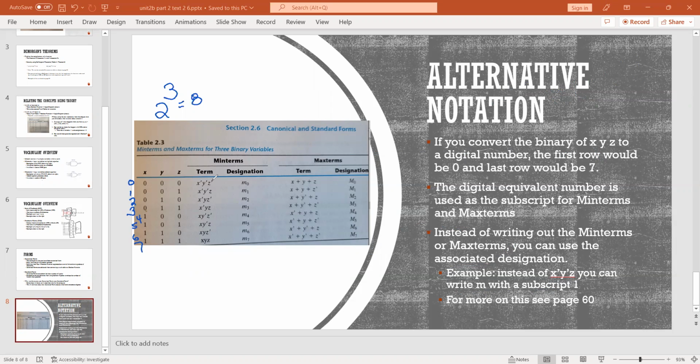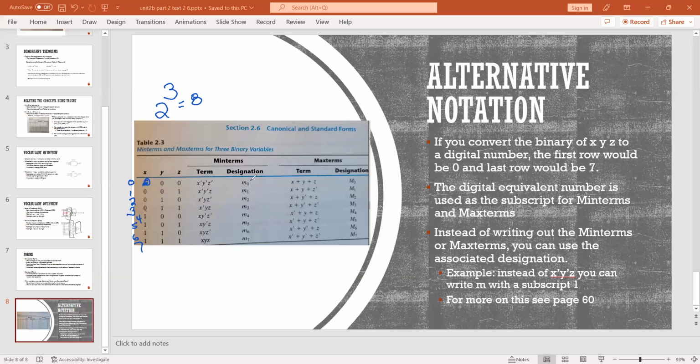So each one of these, if it's a 0, it goes to x prime. So what this means is x is considered a 1, right? X prime would be that it's a 0. This one's a 0.